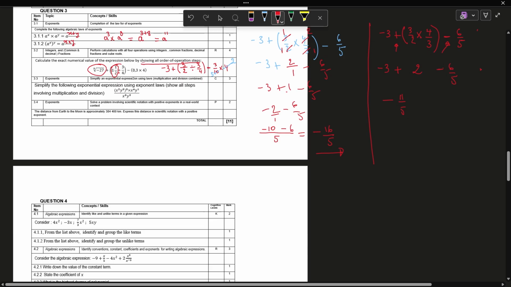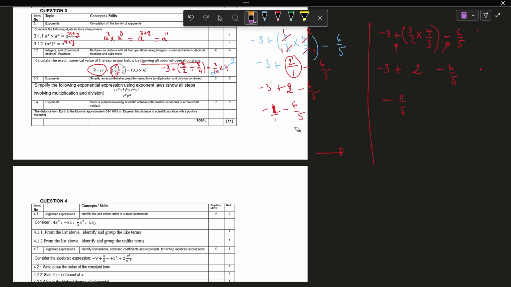So there was a mistake somewhere here. Oh yeah, the mistake is here. This was 2 over 1. It's not 1, it's 2. And yeah, of course, after that, so here we get minus 1. Okay, let's just fix it.